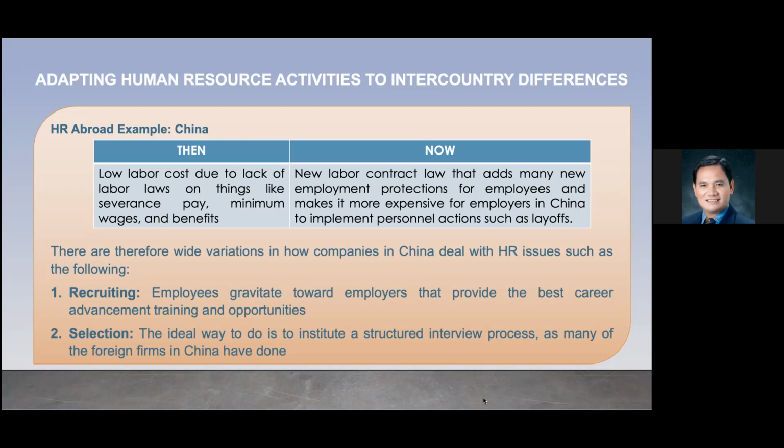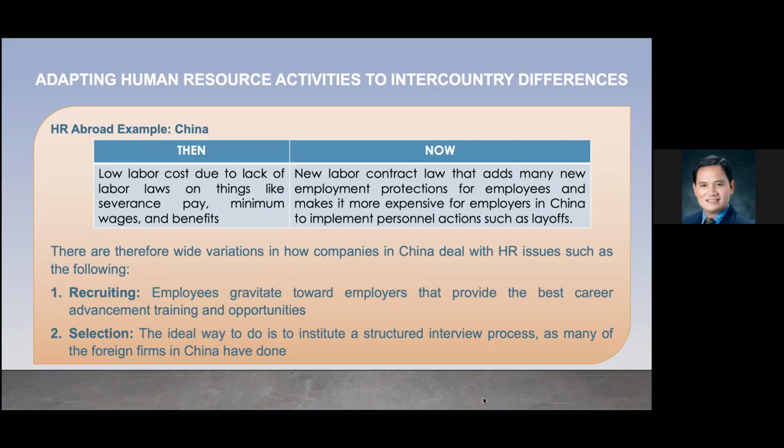China has a new labor contract law, which adds many new employment protections for employees and makes it more expensive for employers in China to implement personnel actions such as layoffs. On the other hand, multinational companies doing business in China argue that the new law will raise labor costs and make it difficult to lay off employees by instituting new severance package rules.